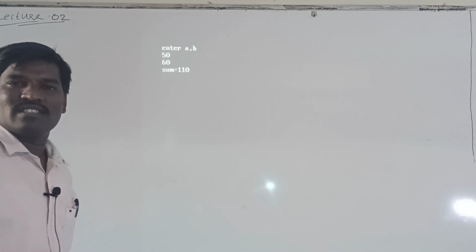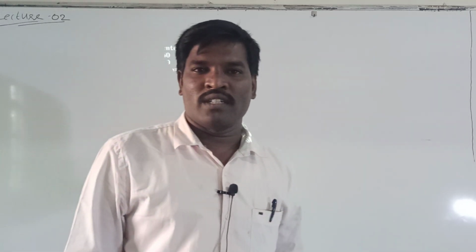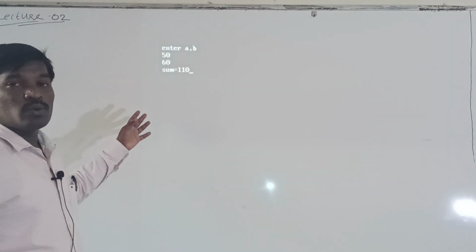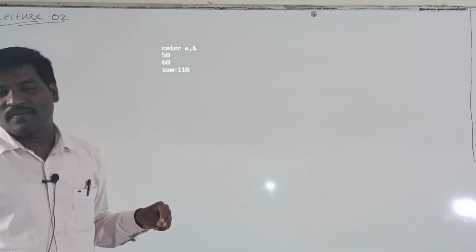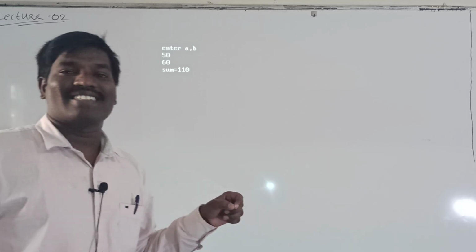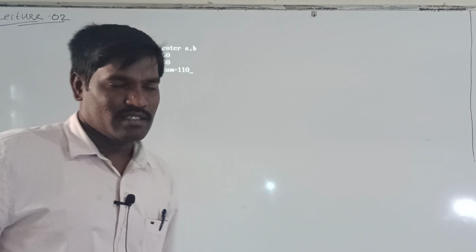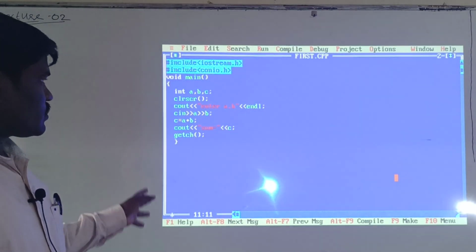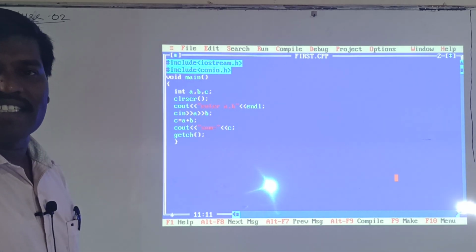But in the previous one, if you want to view the output, you use the Alt F5 keys. But here there is no need to use Alt F5 because you have used getch. Okay, so like this you have to write the program and execute.